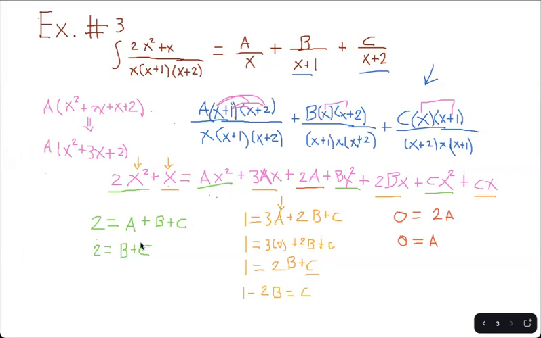Okay, so with this in mind, where we see our c right here, we are going to replace the c to be 1 minus 2b. Plus 2 equals b plus 1 minus 2b. So what's b minus 2b? Well, it's going to be negative b, actually.